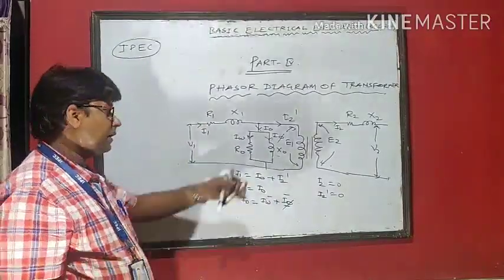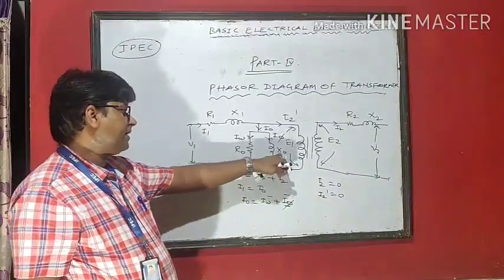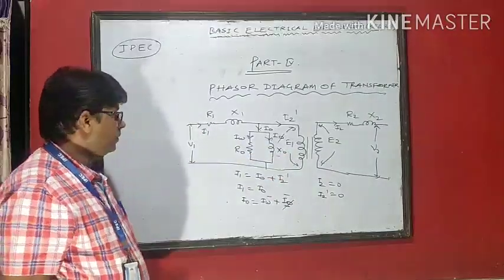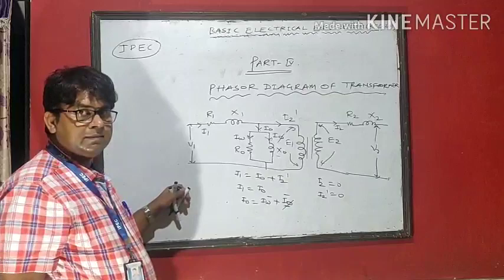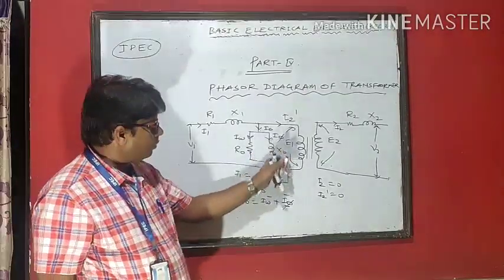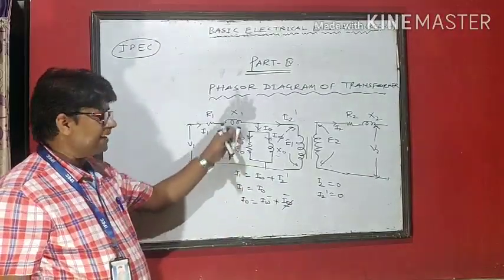Suppose we consider the inductance, that is leakage reactance; the current lags the voltage by 90 degrees. Similarly, in a resistive circuit, voltage and current are in the same phase.